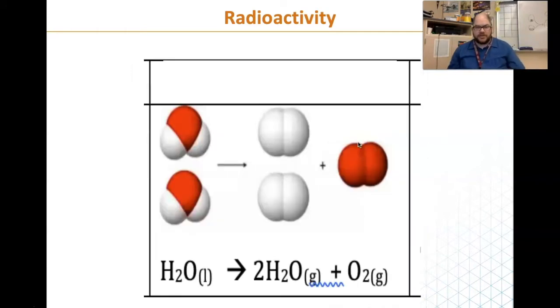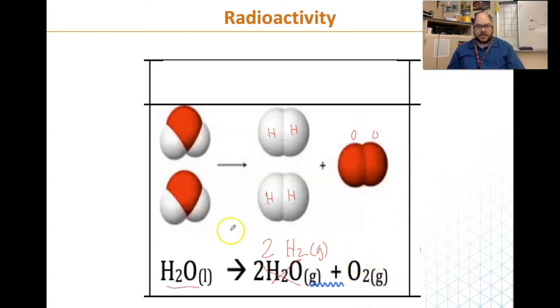If we look at this equation here, we have liquid water. So here's our water molecules, and they're going to turn into, and this is actually a typo, this should be 2 hydrogen gas molecules. Each one of these white ones is a hydrogen atom. And then you have the oxygen, and red doesn't show up on red. So you have the oxygen atoms over here, and you get one of those.